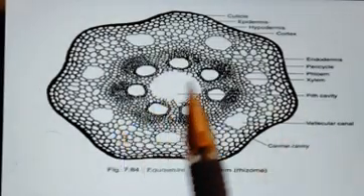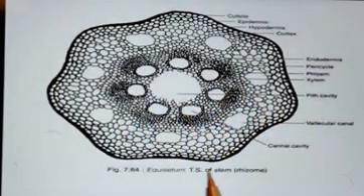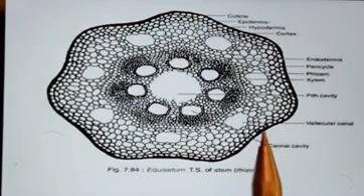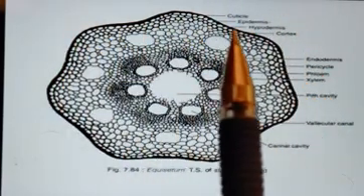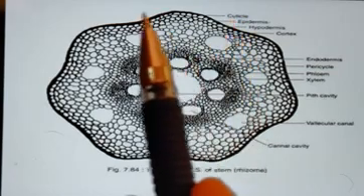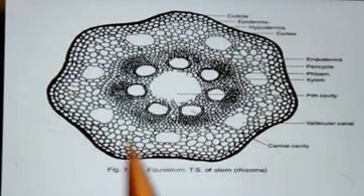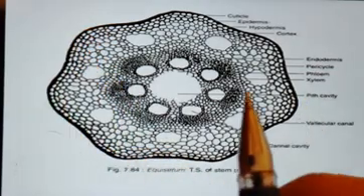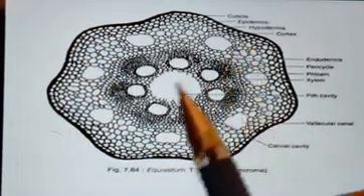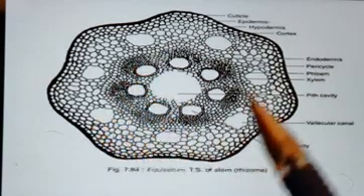So you can see here the TS of Equisetum stem. The outermost layer is the epidermis, which is covered by the cuticle. Cuticle is a plastic-like layer which also prevents transpiration and occurs all over the stem.